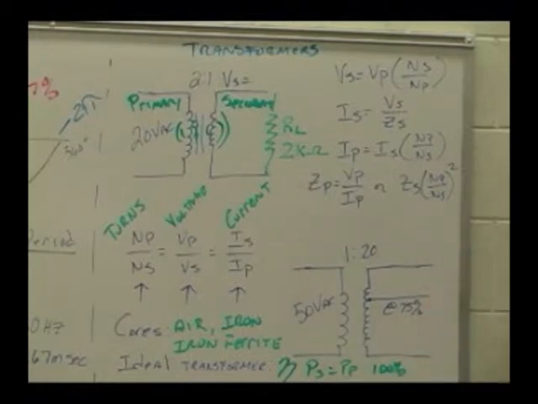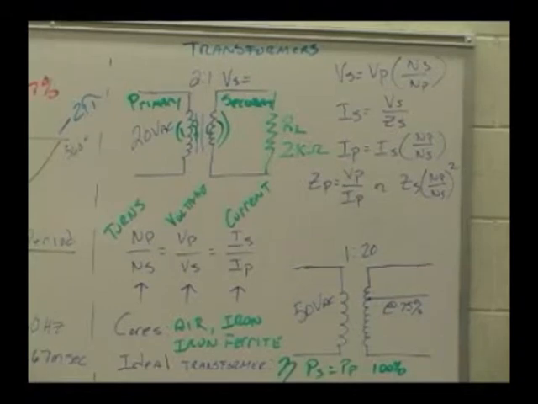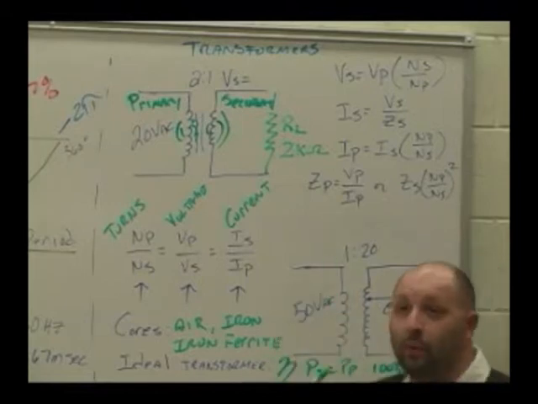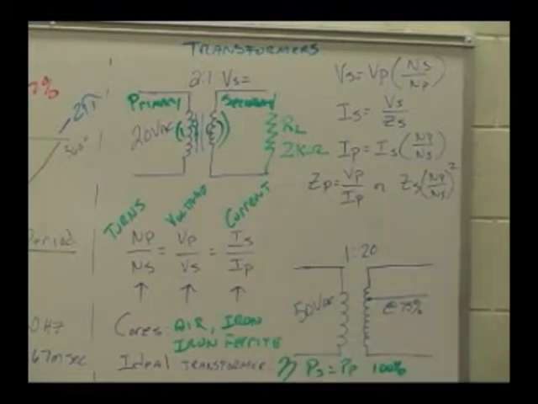But there are some things in a coil of wire, or a transformer itself, that can cause it not to be a perfect transformer. Copper loss, because the coil of wire itself has resistivity, so there's opposition already.